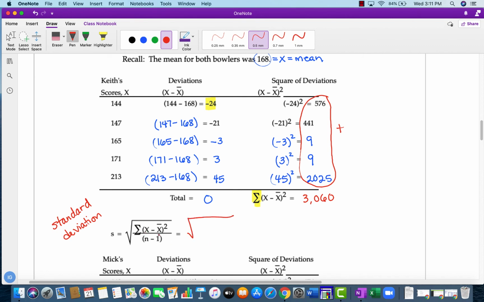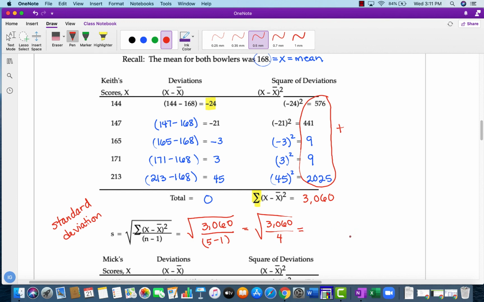Alright, so now we're going to take the summation, which is this, 3060, divided by n, the number of values that you have in the data set. So that's 5 minus 1, which equals 4. So we have the square root of 3060 divided by 4.